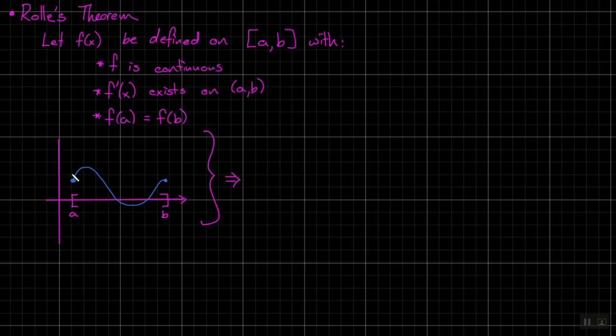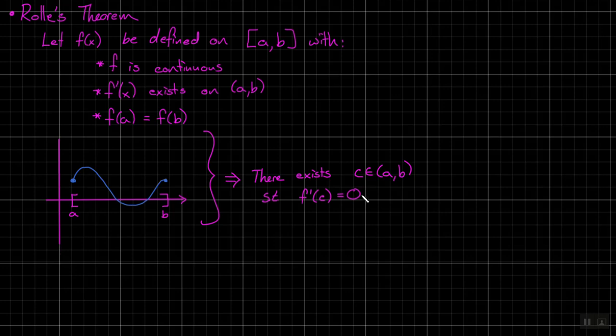If all of this is given, and here's a picture of all that, then there exists, and I would use the backward capital E if I were you, a value C somewhere between A and B, at least one, such that f prime of that value is equal to 0.